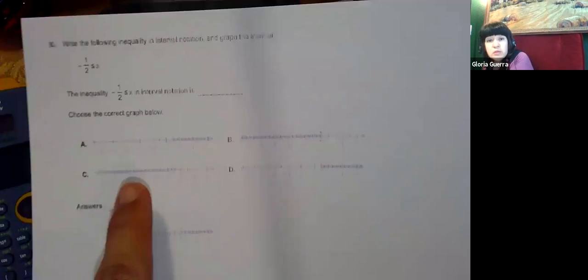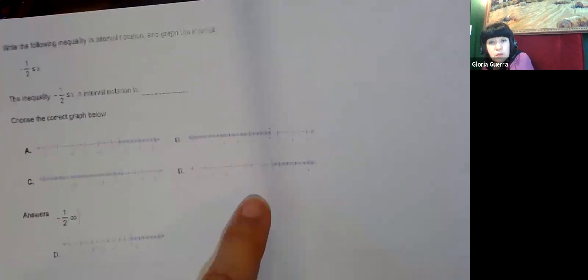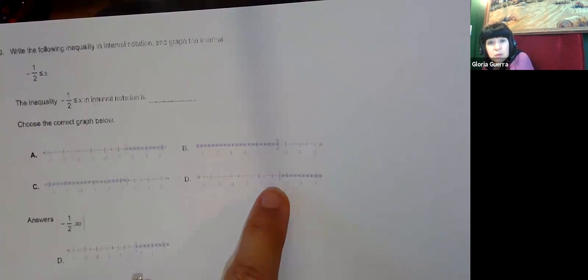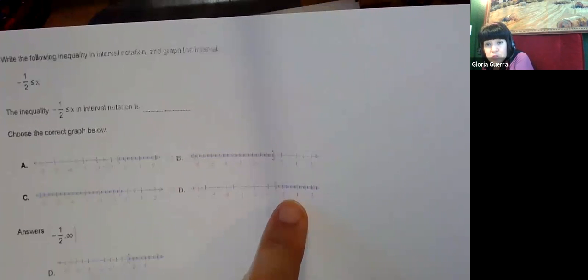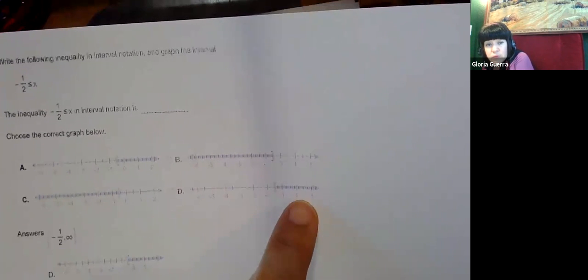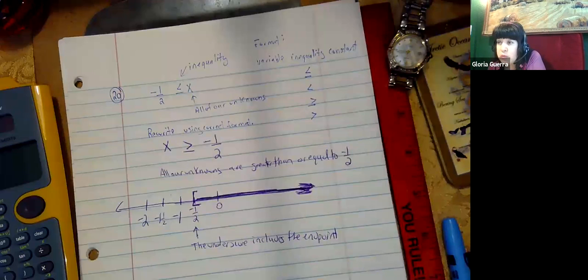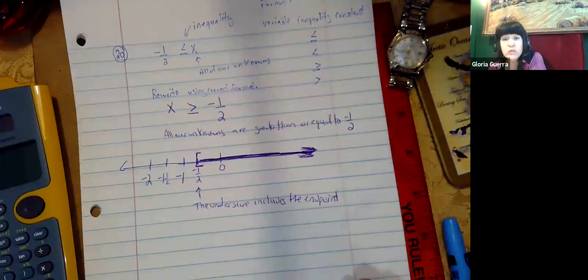You can see my choices here, and it's really light, but you can see it. This is here on -1/2, shading forever. So that's the graph for that, and of course it might be a different letter for yours.